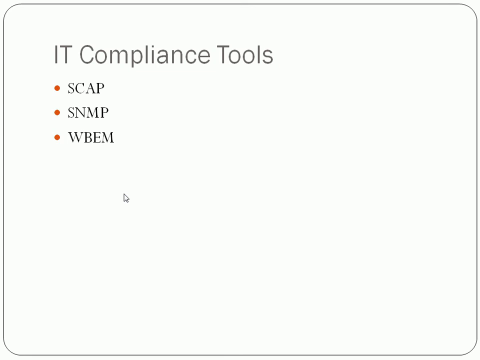There's a couple commercial tools available that your book talks about. Again, web-based enterprise management is not a product itself. It's simply a set of standards that products implement in order to go out and get that information. WMI is Windows Management Instrumentation. It's basically Microsoft's implementation of web-based enterprise management. So that's how you would do this in the Windows world.